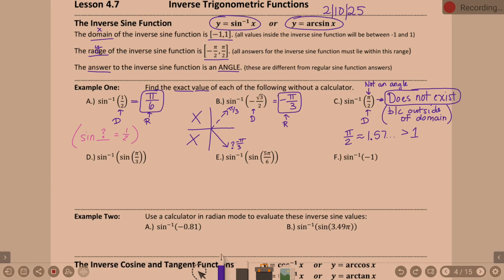So right there is why we always check: is our given x value, our domain value, does it fit in the domain? Or are they trying to be trickery? We'll talk about when we get down to example 2 how to put these types of problems into the calculator, and you would get an error on the calculator in this scenario.